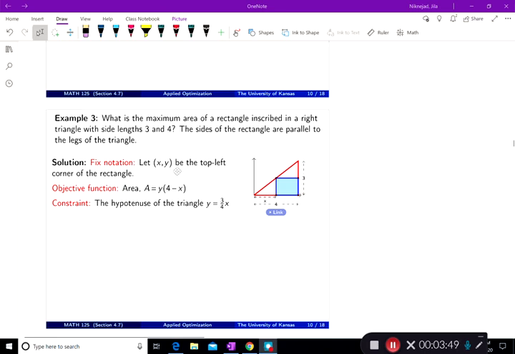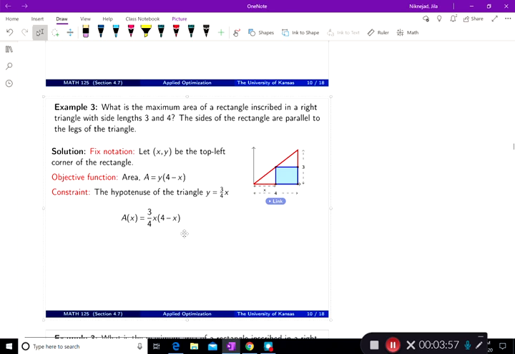Again, y over x was 3/4 by the similar triangles, and therefore I can replace y with 3/4 of x over here and get a new objective function. The objective function becomes A of x equals 3/4 of x times 4 minus x. And then the domain: x cannot be bigger than 4, which is this length, and cannot be smaller than 0, and therefore the domain is 0 to 4.